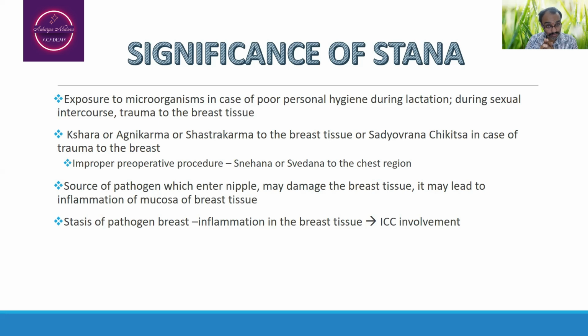So, this will be leading to pain in the breast, or otherwise abnormal discharge, or there may be a possibility of a lump in the breast, etc. may be observed, which will be leading to inflammatory changes in the breast tissue, which is again indicative of an intracellular compartment affliction.